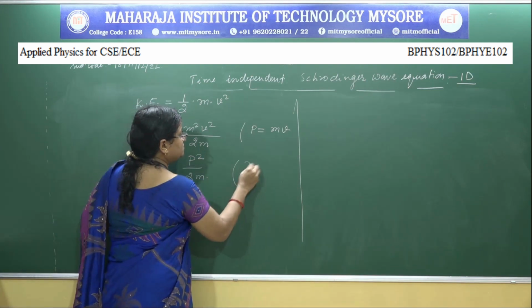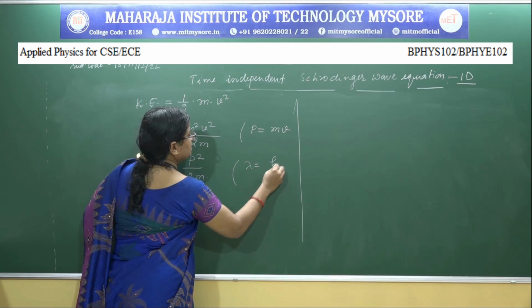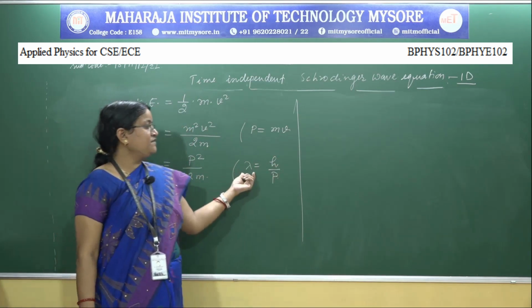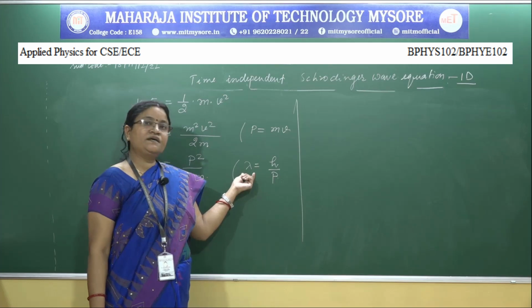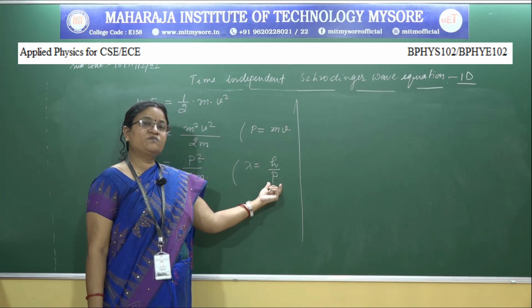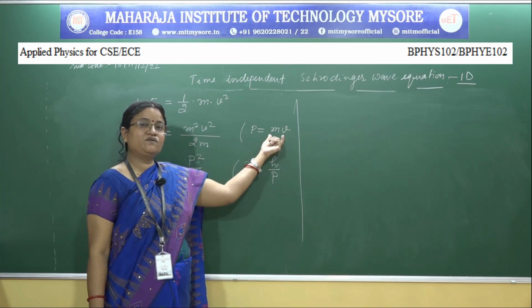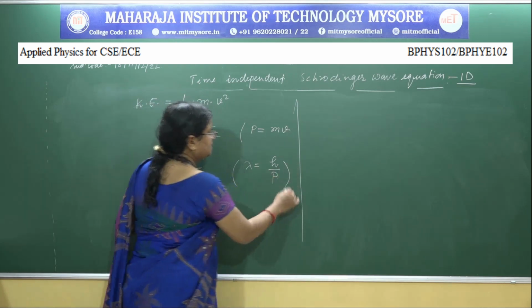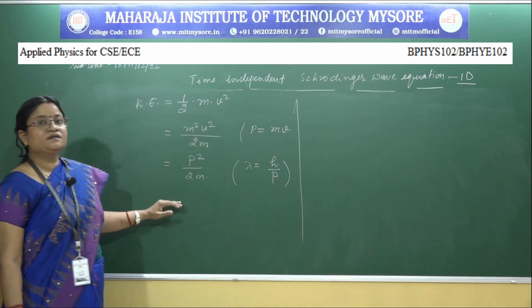Again what we know, lambda is equal to h by p, the de Broglie wavelength equation, where h is Planck's constant and p is the momentum, which is equal to m into v. I have already discussed this while starting the derivation.